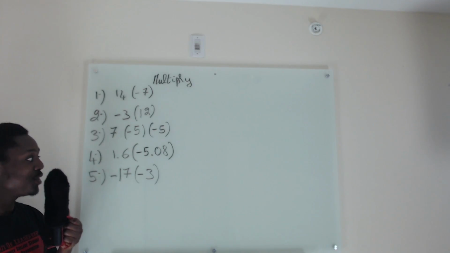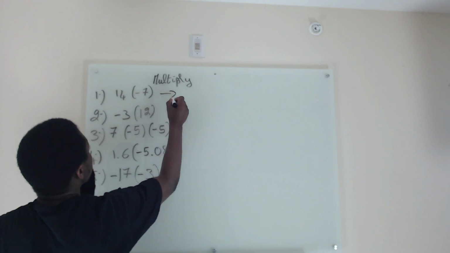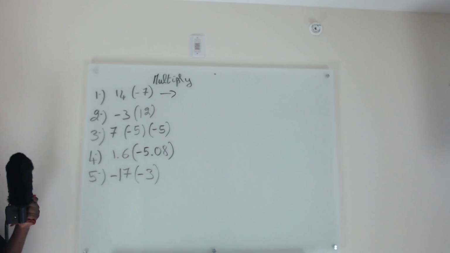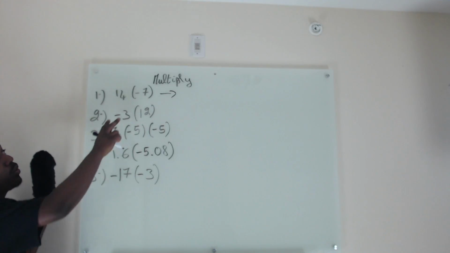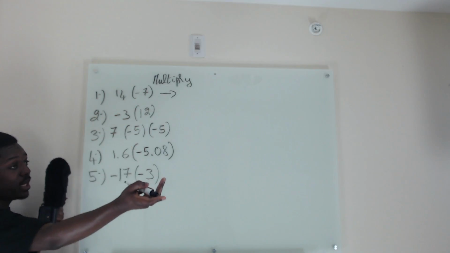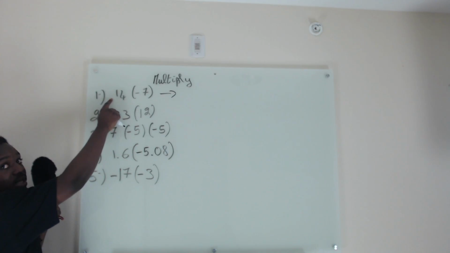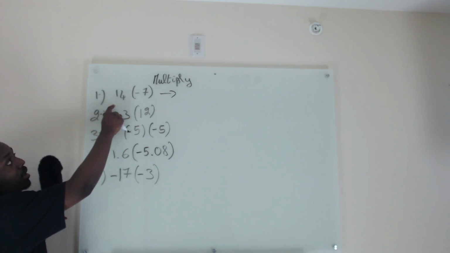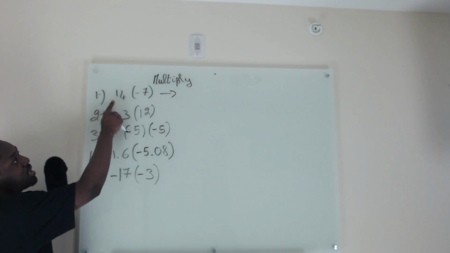Hey, are you done? All right, welcome back. Let's begin with the first one. It says multiply. Again, before we multiply two numbers, we first have to multiply what? Their signs. The sign of the first number is what? Positive. Why? When there's nothing on the left side of the number, its sign is positive.